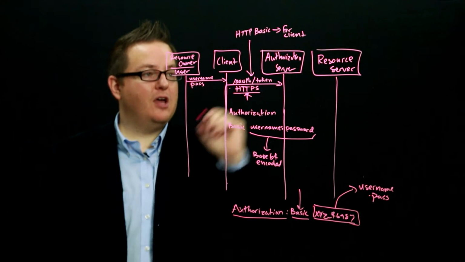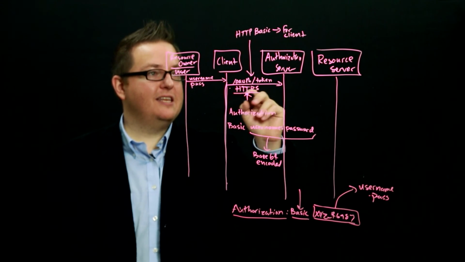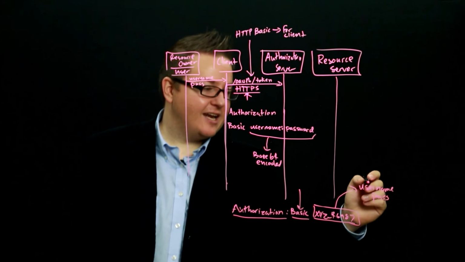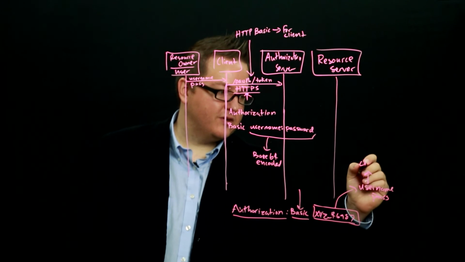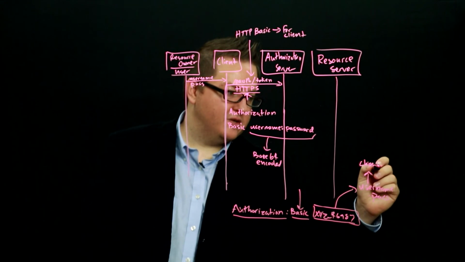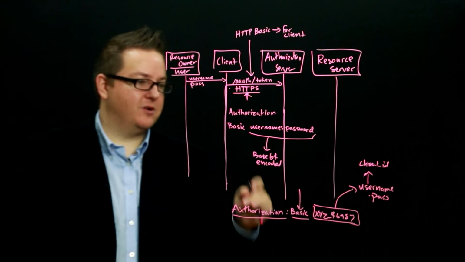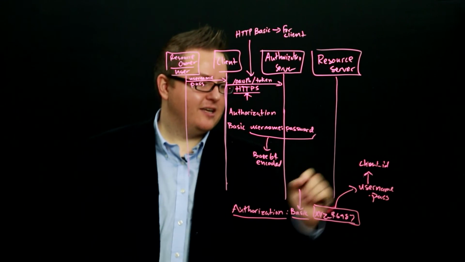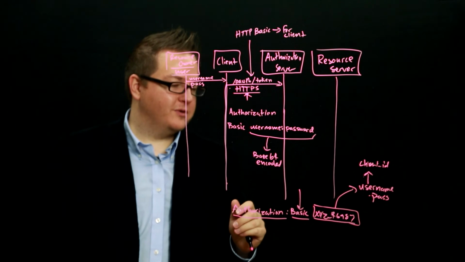And in this flow that we're looking at here, we're going to be sending that information for the client, which is the username, or the client ID in this case is going to be the username. So we're actually replicating this bit of information. We're going to include it both in the body of the request and in our authorization header.